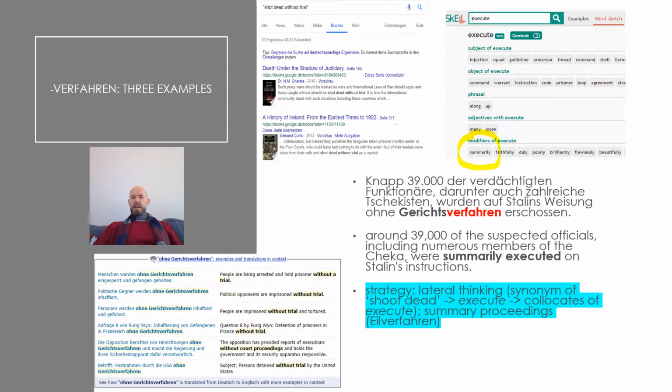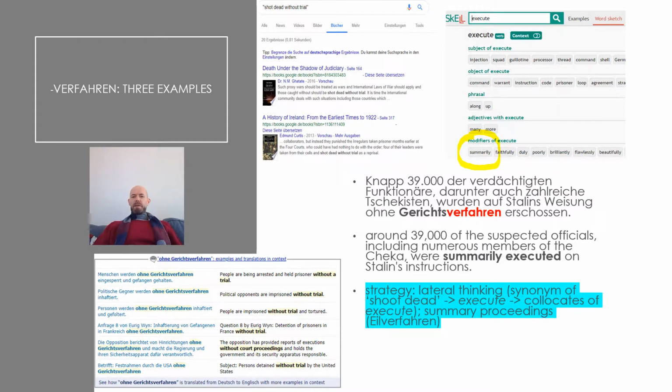This is also important. Erschießen in English, in the sense of killing someone, is to shoot someone dead, not just to shoot someone. They might not be dead then. So, shot dead without trial. You find very few examples on Google Books of this phrase. So it's not a very common phrase, but it is marginally possible.